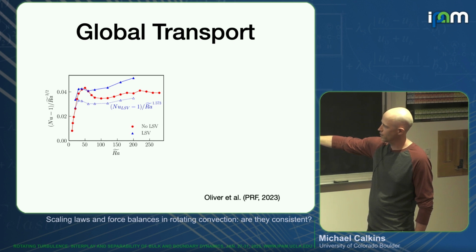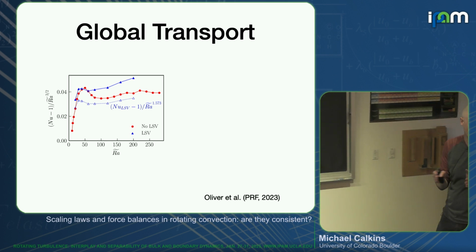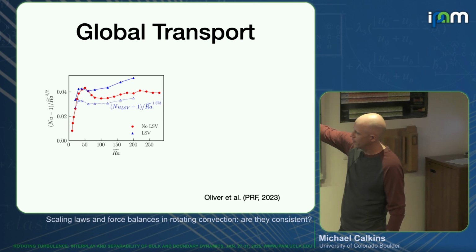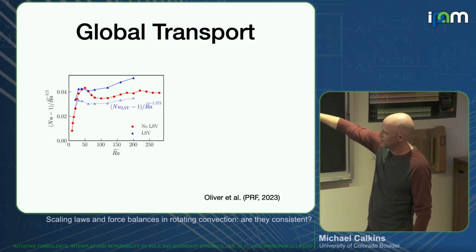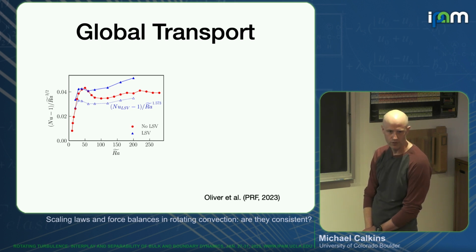What you see is that there is some correspondence between the no LSV and the LSV case for low Rayleigh number, where we'd expect it to work, where the large-scale vortex may not play such an important role. And then when you have the LSV, you see this slight deviation from this diffusion-free scaling.